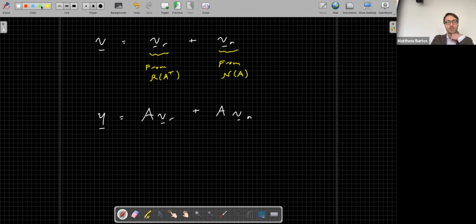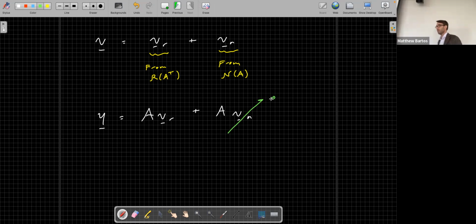Okay, what happens to this point here when we apply A to V_N? It goes to 0, right? So that's why there are multiple points in the domain that map to our desired point in the codomain, because that component from the null space, when you apply A to it, it just goes to 0.